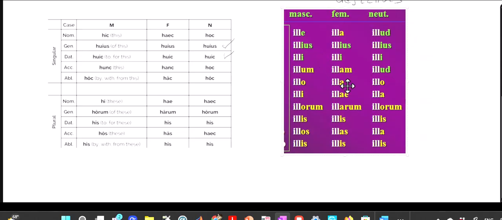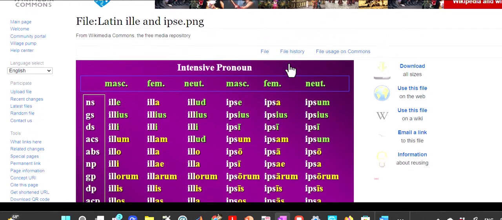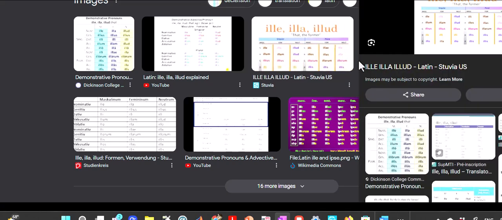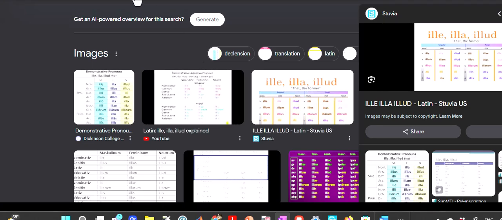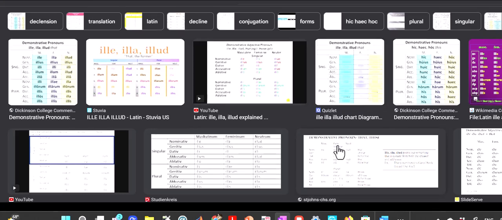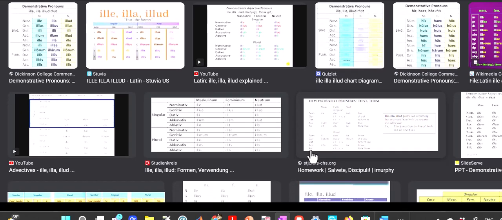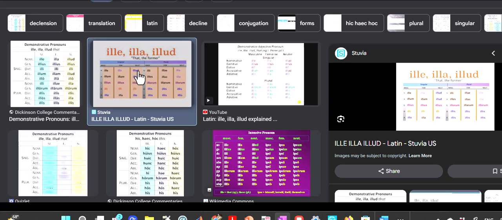Okay, so here's ille, illa, illud. You might have noticed, when I got here from the image page, you see how it's one of the ones I clicked on. Yeah, so you see this one right here, the one they wanted me to buy.